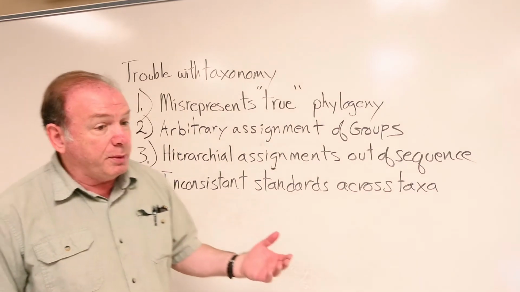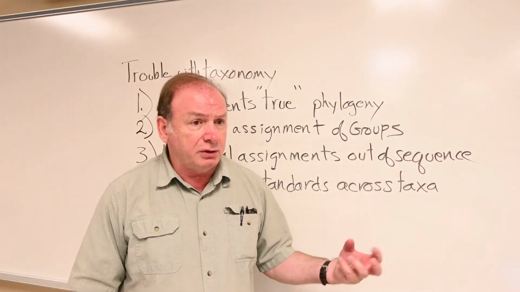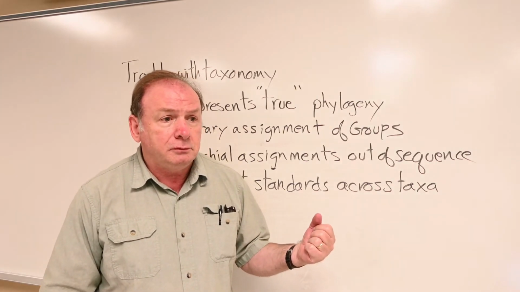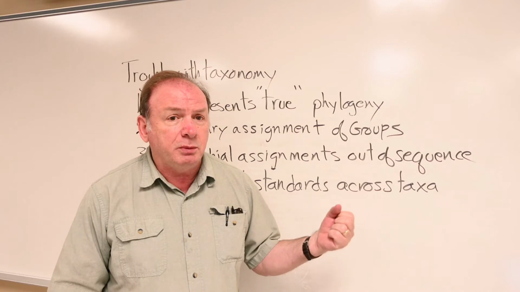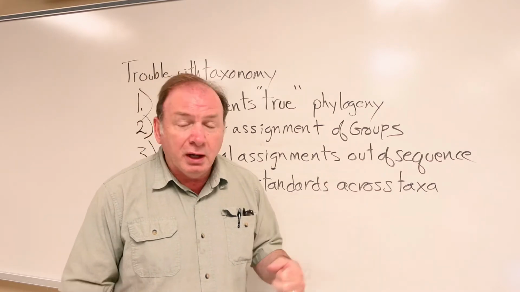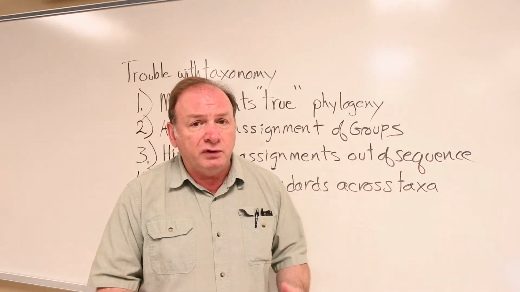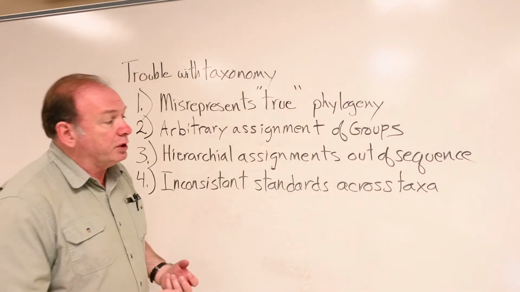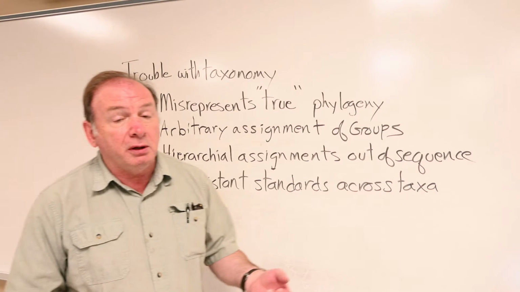But if you're talking about soft-bodied organisms such as annelid worms, or any other kind of soft-bodied organism, cnidarians and so forth, you can't use those same kinds of features. They don't have a skeletal system to use as a basis for your taxonomy. So you're going to be looking at other features.